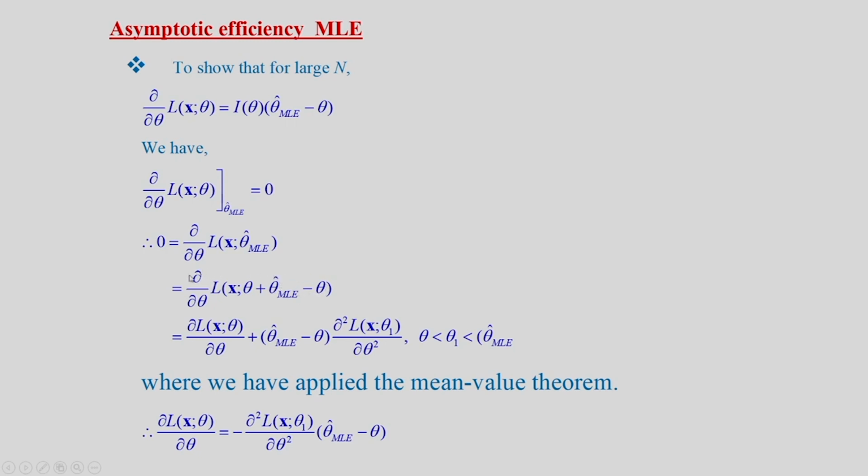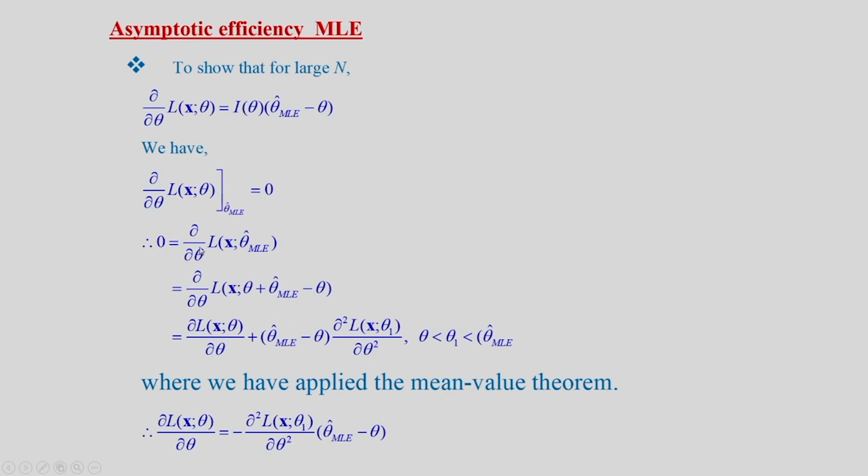Now, we can apply the mean value theorem to this expression. So, we can write this as del L del theta plus theta hat MLE minus theta into, because we are considering this function, derivative of this function, which will be del 2L del theta square at point x, theta 1, where theta 1 lies between theta and theta hat MLE. So, this expression we get by applying the mean value theorem.